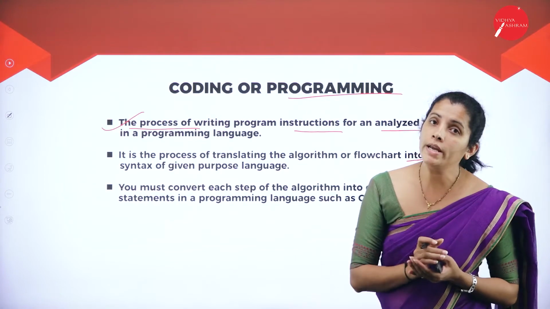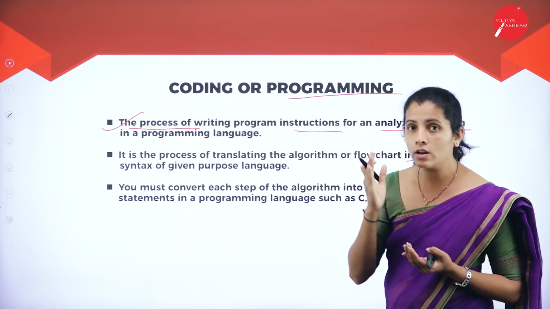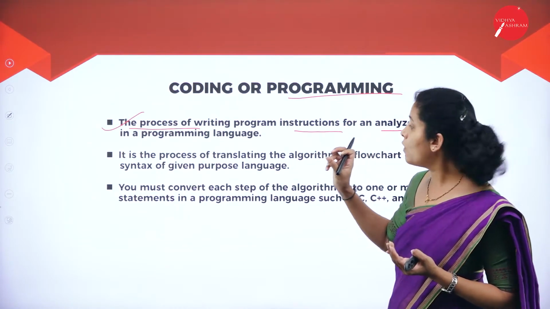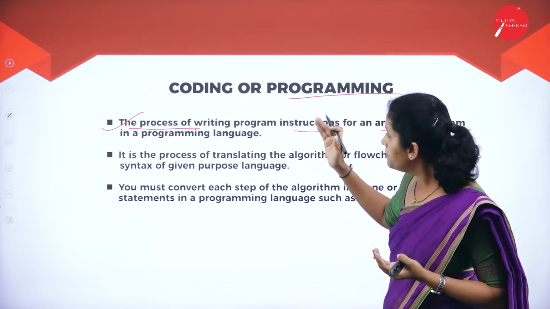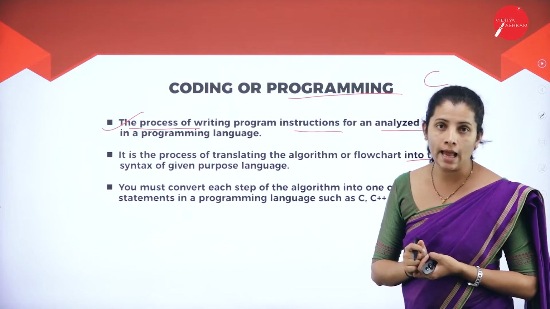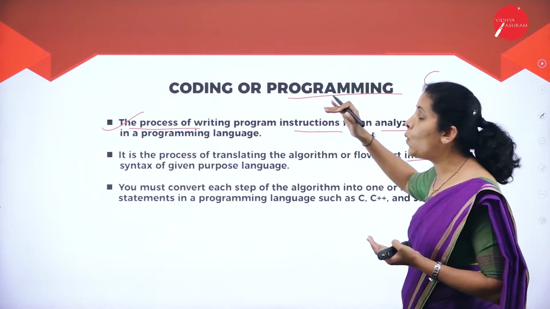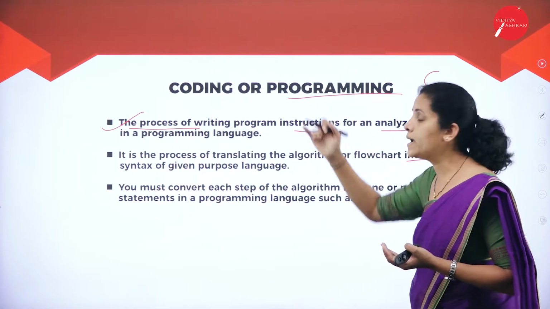So here coding is nothing but the process of translating an algorithm or flowchart into the syntax of a given programming language. That means, for example, if I consider the C programming language and I'm going to code by using the C programming language, what am I going to do?